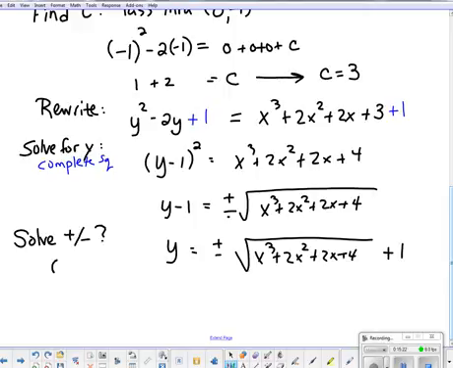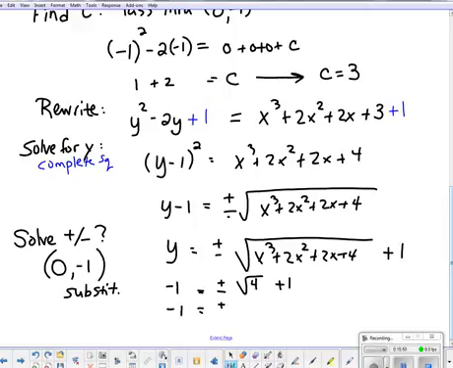The way we do that is we look at our original ordered pair, which was when I plug in 0, I want to end up with -1. So what I can do is substitute these values in and check it out. So -1 is equal to plus or minus, well, much of that's turning out to be 0, except for the 4 will stick, and we'll have the +1. -1 is equal to plus or minus 2 plus 1.